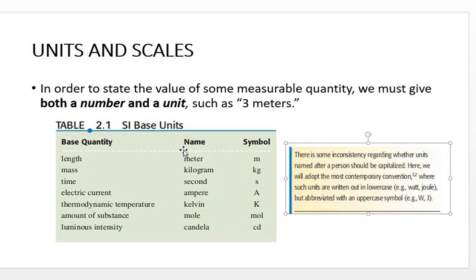Okay? So right here, there is some inconsistency regarding units named after a person being capitalized. Because we know that a lot of these names are from the person who introduced them. Right? Except for meter and kilogram, those are not from persons. And seconds also is not. But ampere, Kelvin, candela, mole is not included. These are derived from persons.